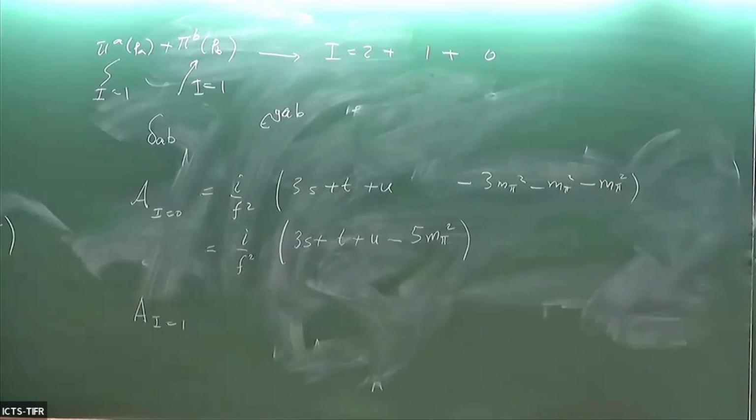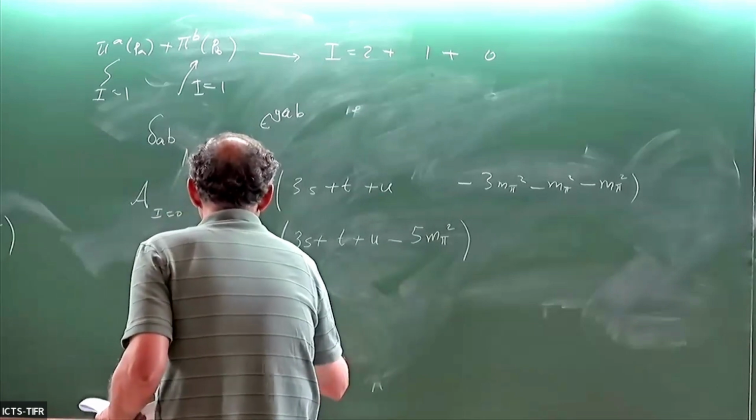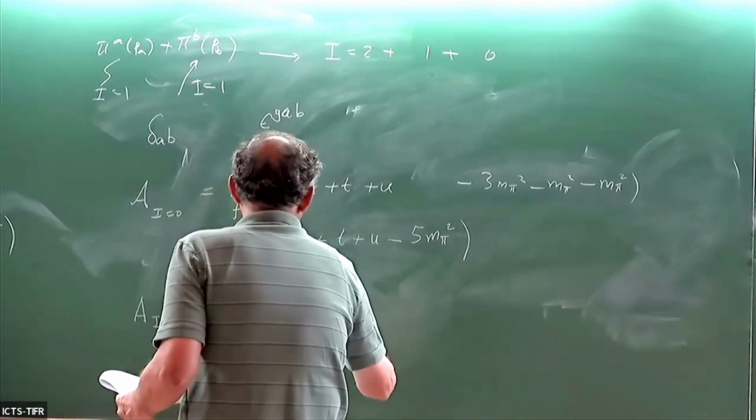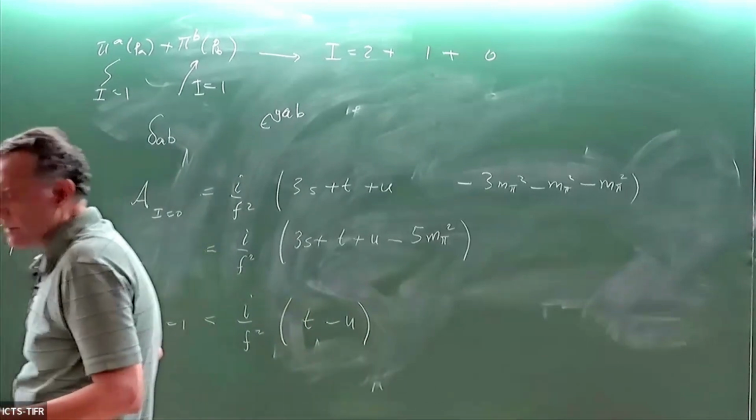And here, if I multiply it by something anti-symmetric in AB, the third term has the A and B swapped, and so when you anti-symmetrize, you get a minus sign. So the isospin 1 channel amplitude is t minus u, because you get t minus m pi squared minus u minus m pi squared.